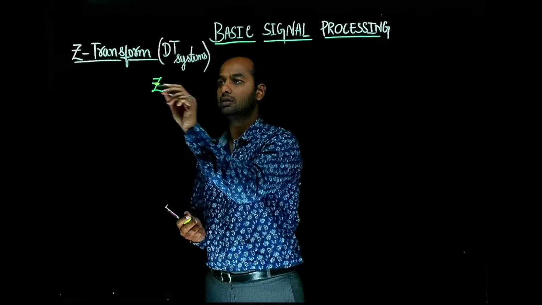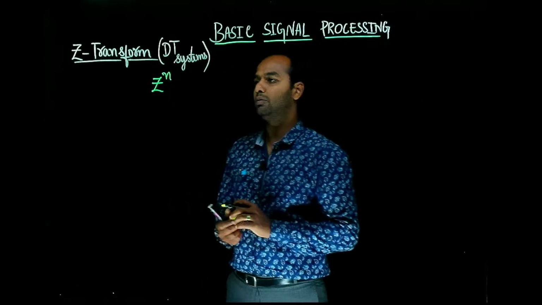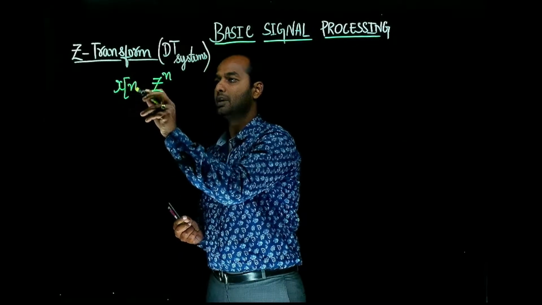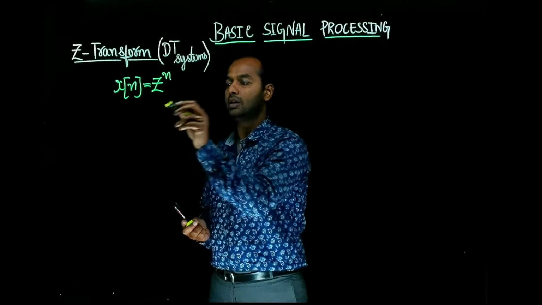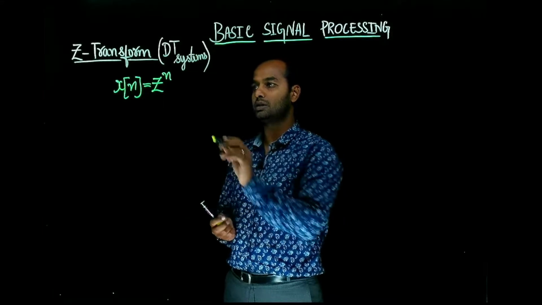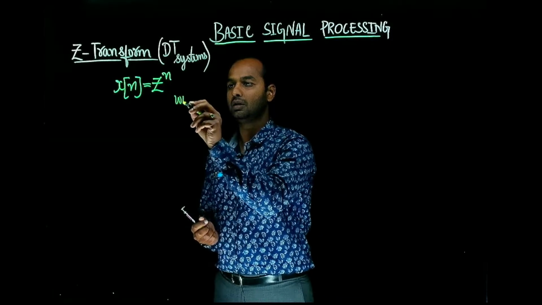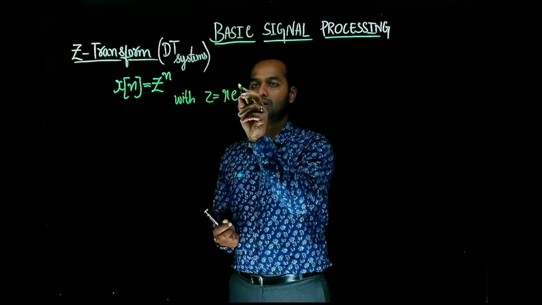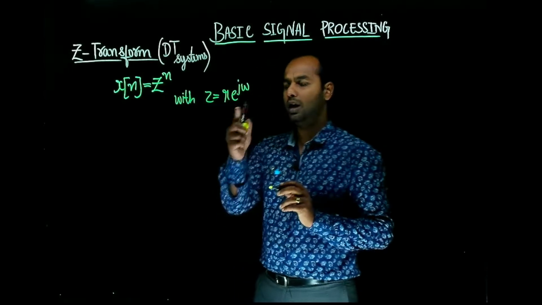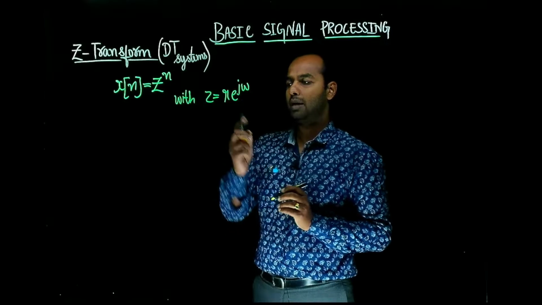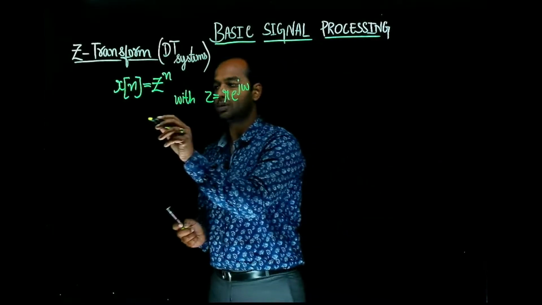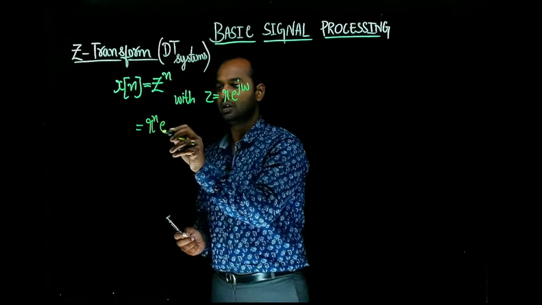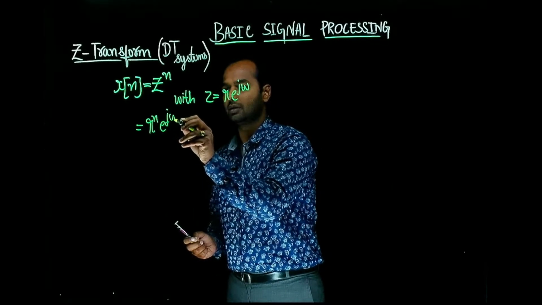Whenever we write any signal in the form z power n, suppose we call that sequence x of n, this is a representation for a complex exponential signal with z being considered as r into e power j omega. r represents the damping factor, and if we substitute here, we get r power n into e power j omega n.